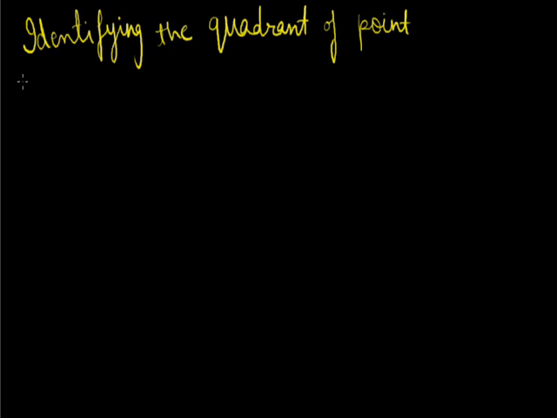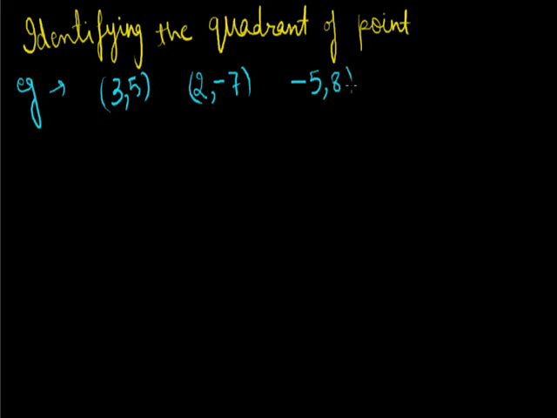For example, certain points are given to us, that is 3, 5, 2, -7, -5, 8, -4 and -4, 2, 0 and 0, 5.